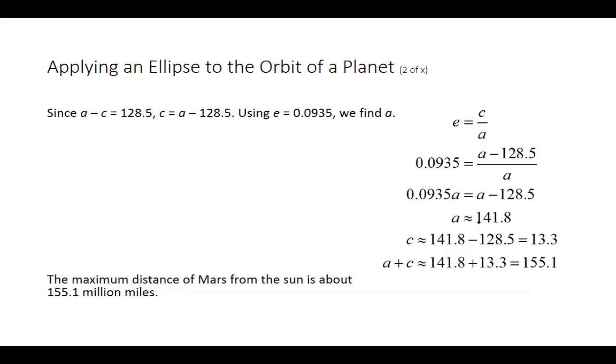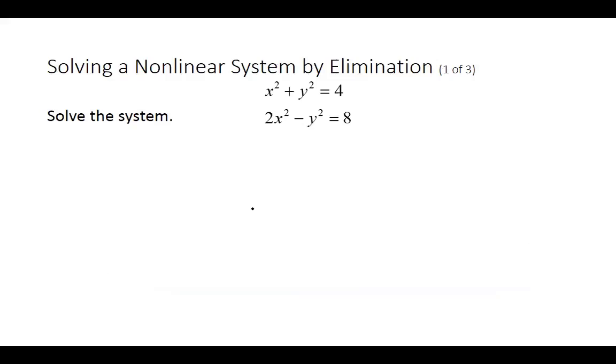A would be approximately 141.8. C would be approximately 13.3. A plus c would then be equal to about 155.1. So the maximum distance of Mars from the sun is about 155.1 million miles.